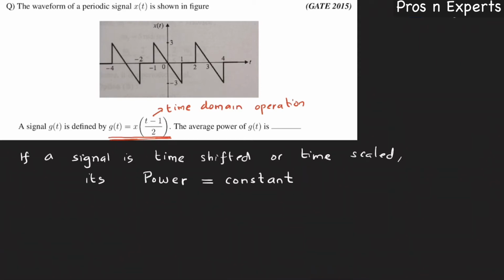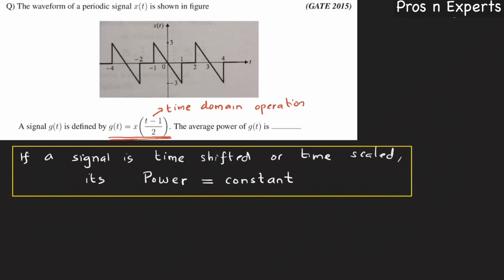We have already seen a question in one of the previous videos. So power is constant if it is time scaled or time shifted. Okay, power remains constant. So instead of finding the average power of g of t, we need to find the average power of x of t. Okay, so let's find out the average power of x of t.